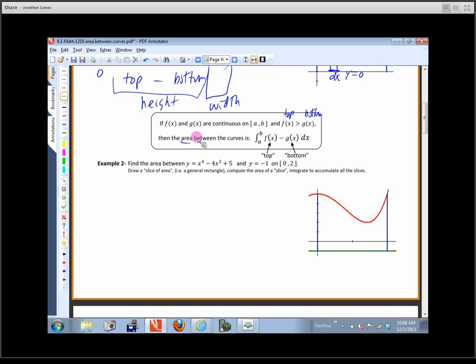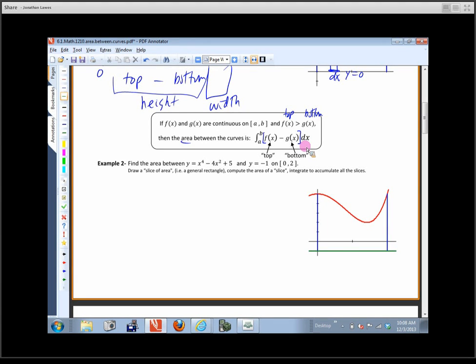The positive area between the curves is the definite integral from a to b, f of x minus g of x dx. And if you want to put brackets or parentheses around that, that would be fine. Again, these two things here where we've got the top minus the bottom would represent the height of the rectangular slice. And this dx, again, would be the differential. That would represent the width of that little rectangular slice.